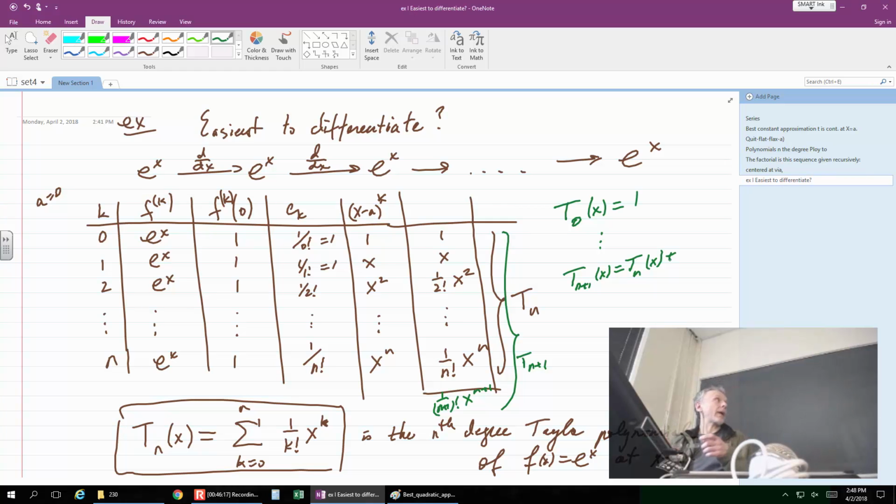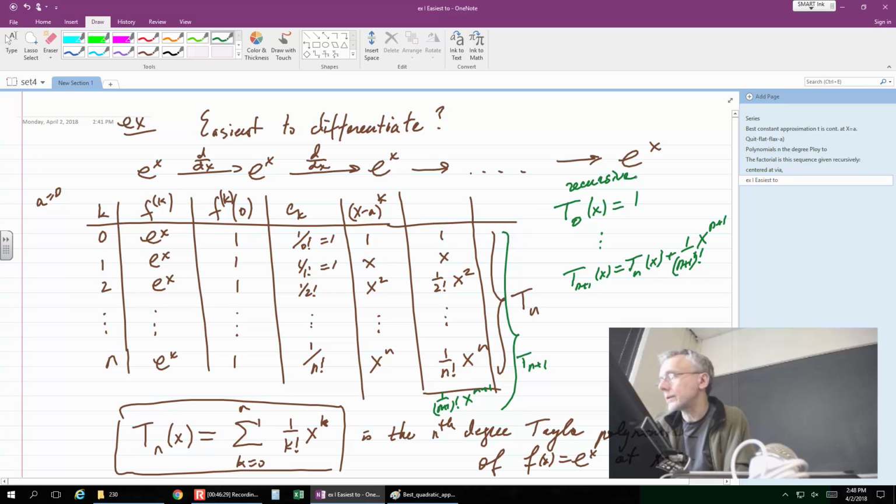The next one is found from the previous one with one extra term, 1 over n plus 1 factorial x to the n plus 1. So that's the recursive way. It is all recursive. The formula on the right, even though it's very compact, hides the point that the only way to compute such a sum is in a recursive fashion, one term at a time.